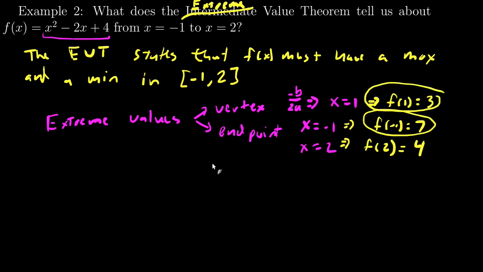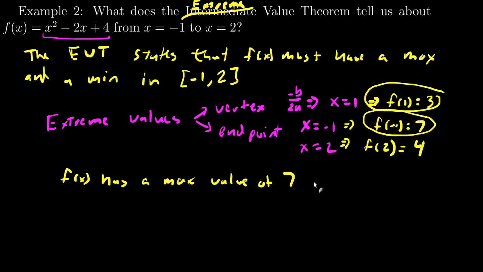I can say without looking at the graph that f of x has a maximum value of 7. The value of the function is the output.